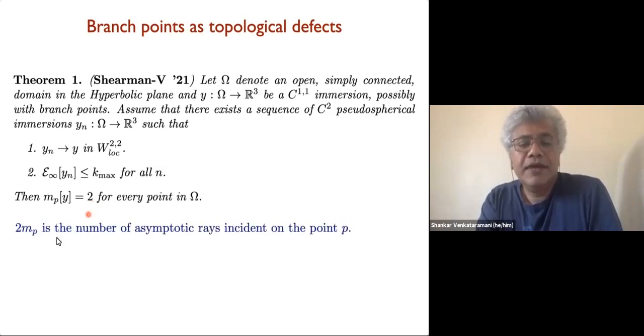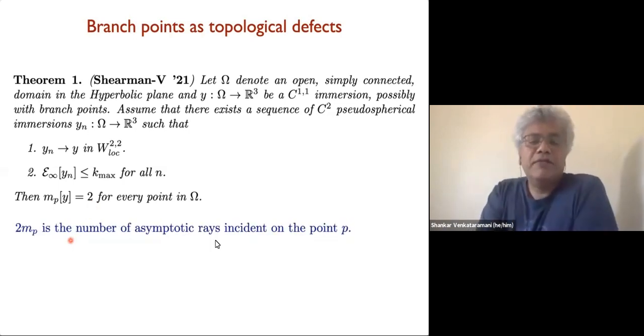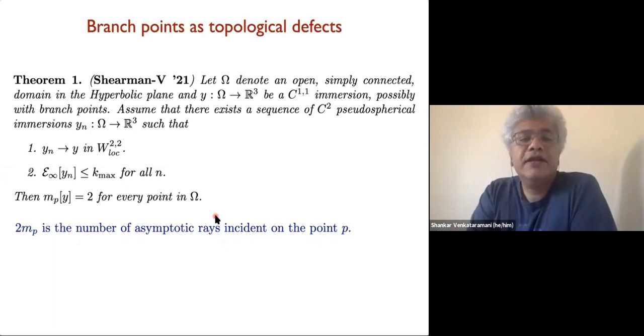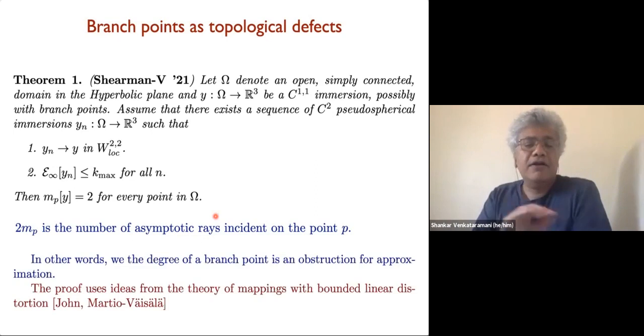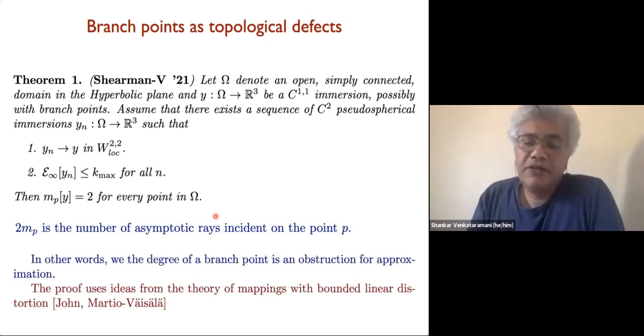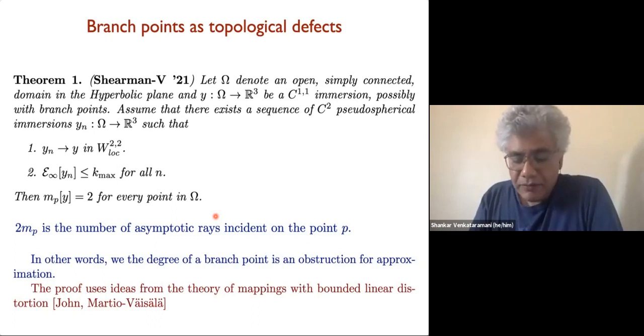So 2MP again, like we said before, is the number of asymptotic rays that are incident upon P, and the degree of a branch point is an obstruction for approximation. So the ideas of the proof are, to use the thing from before of using the small circle, but the problem is that the size of the circle might depend on the immersion, so you need some kind of uniformity.